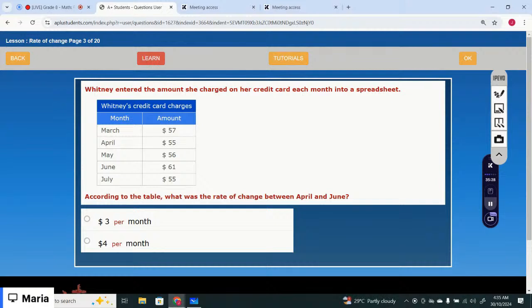So, which is the correct option? $3 per month. Option number one is the correct option.